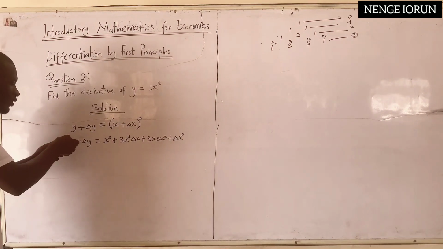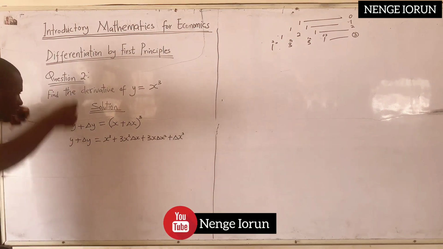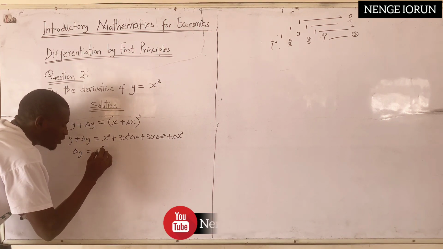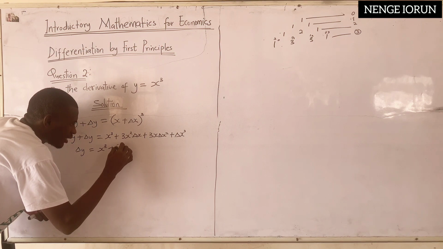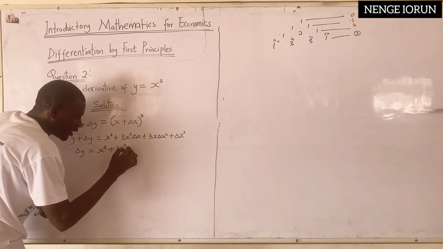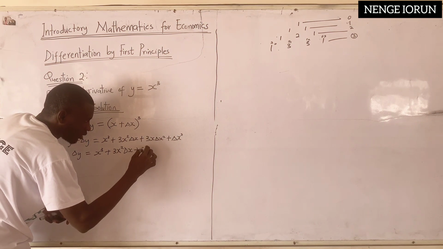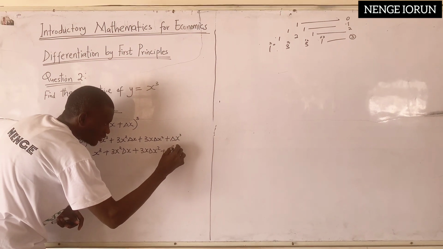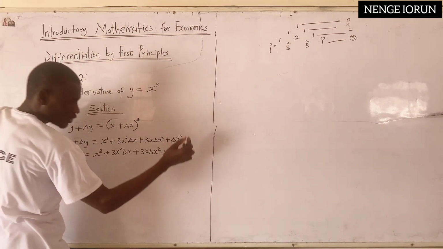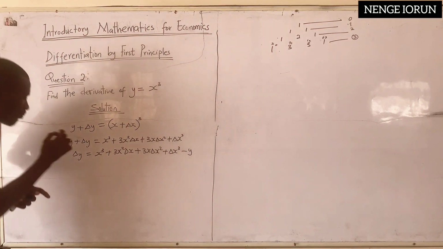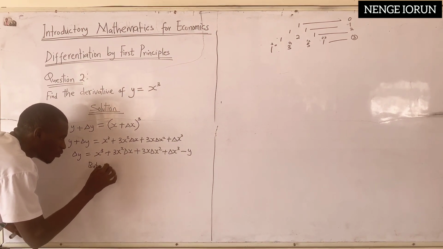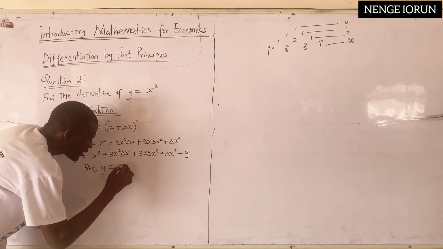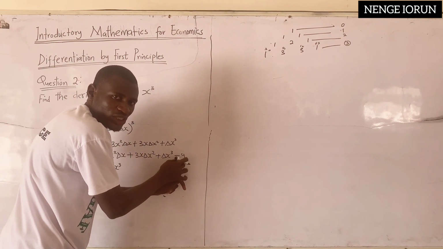So now, you take y to the right hand side. You will have delta y is equal to x raised to the power of 3 plus 3x squared delta x plus 3x delta x squared plus delta x cubed, then minus y. But y is given in the question. Y is x raised to the power of 3. So in place of y, you put x raised to the power of 3.